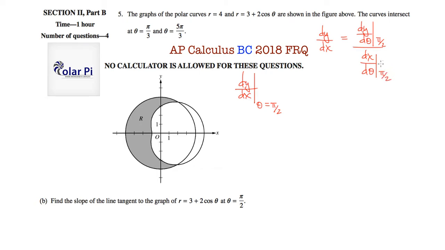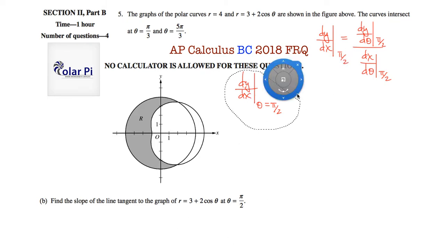Okay, cool. Now, how do we find dy/d theta and dx/d theta? Well, recall that in polar coordinates, and by the way, since I've evaluated on the right side, I should evaluate here on the left side, and that way I could just get rid of this right here.